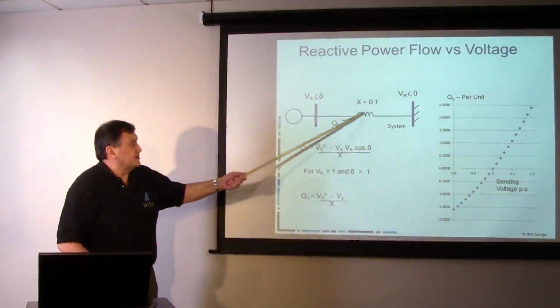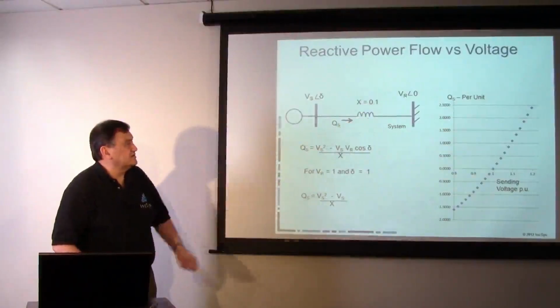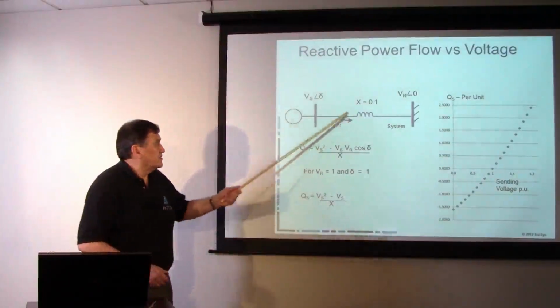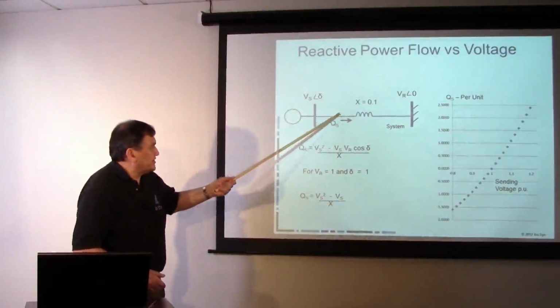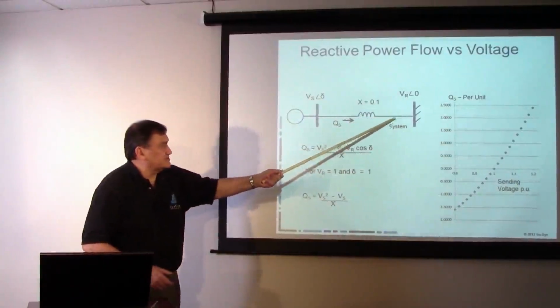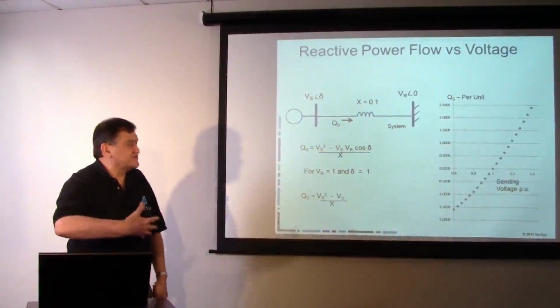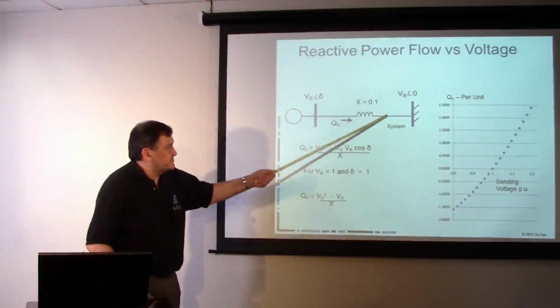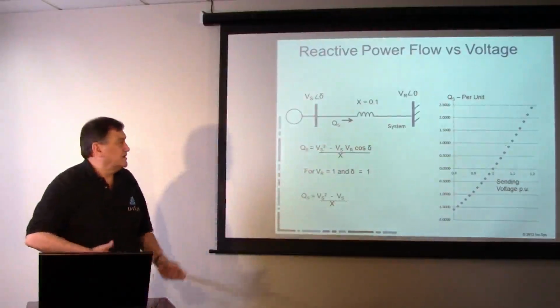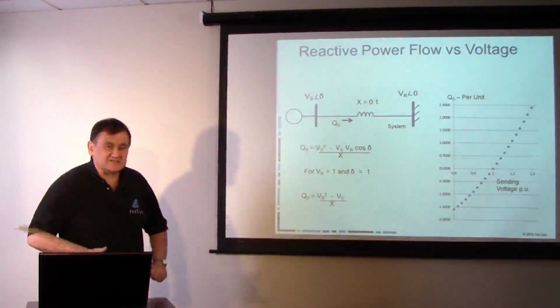But that's for a lightly loaded transmission line. That's the effect of the megawatts flowing in the reactance. But then you have to offset that, because that's a simplification, with the fact that at light loads you have capacitors. Those capacitors will be pushing VARs out onto the system.